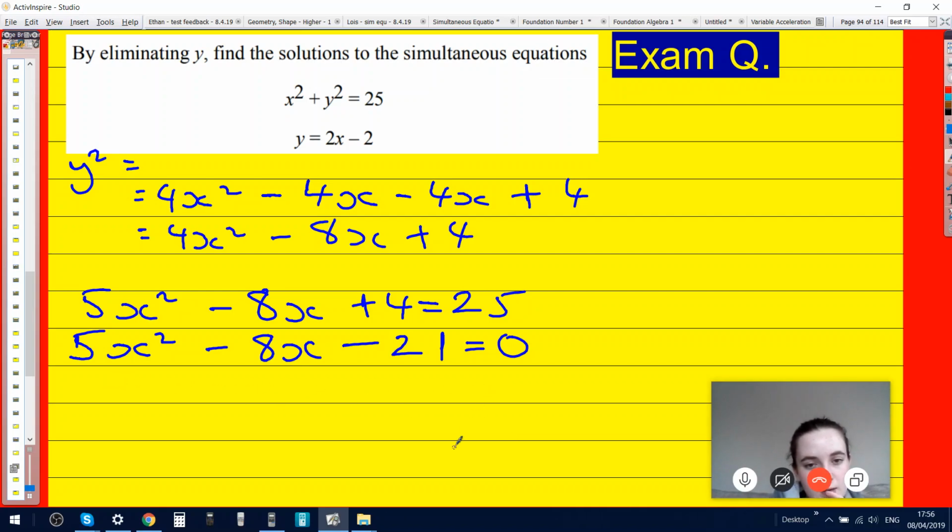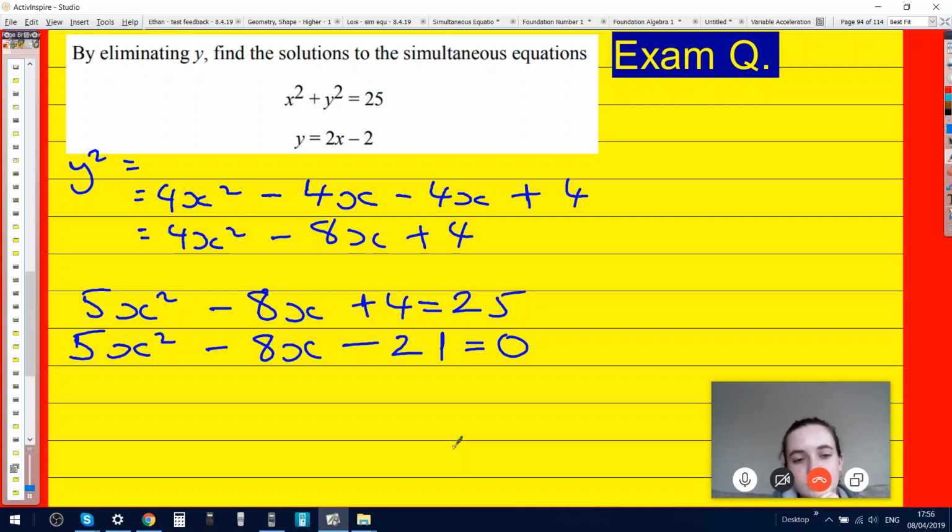Find two numbers that multiply to make minus 21 and add to make minus 8. That would be true if it was 1x squared.